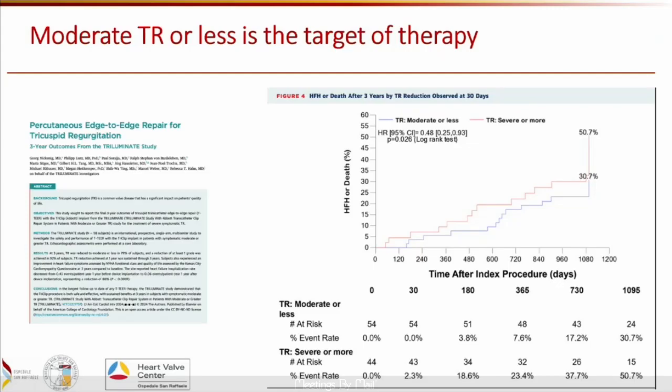Denisa is a strong believer that moderate TR is the threshold of prognosis rather than severe TR. Obviously, it's a linear relationship. The more TR, the worse the prognosis. But the threshold between being okay and being at risk is moderate. So if we treat these patients, we need to bring it to less than moderate.